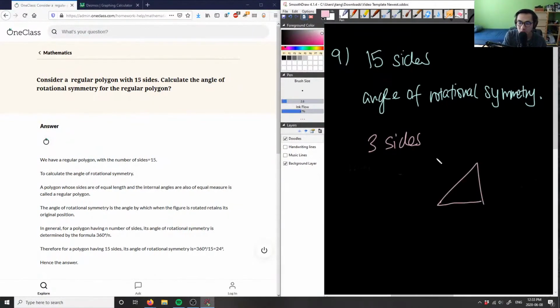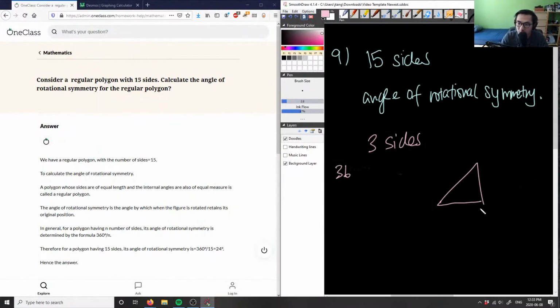And we know that in a triangle we have 180 degrees in our polygon. But if we want to rotate it, the angle of freedom here is going to be 360 degrees. If you think about this triangle, we can rotate it this way to get this triangle, and then rotate it again to get this triangle, so we basically have 4 triangles here.